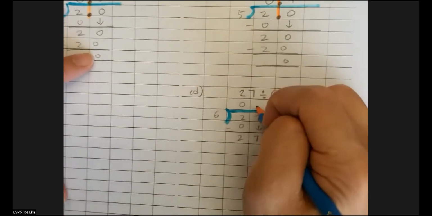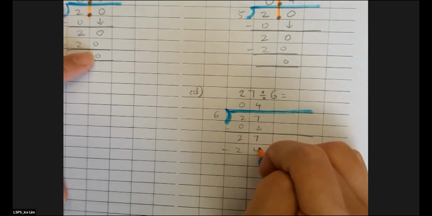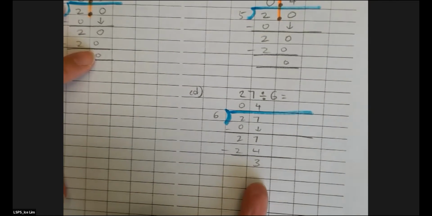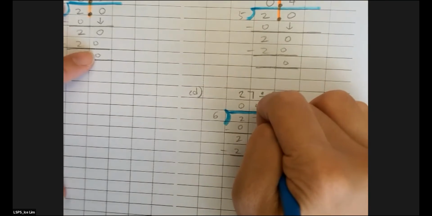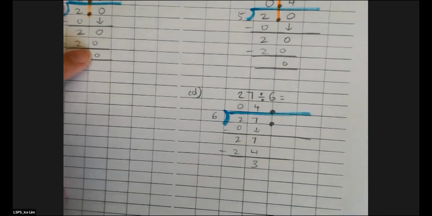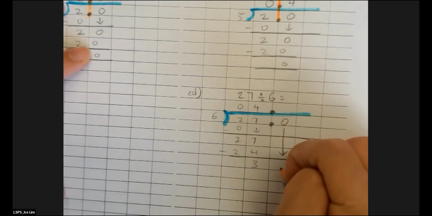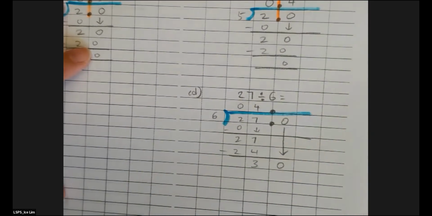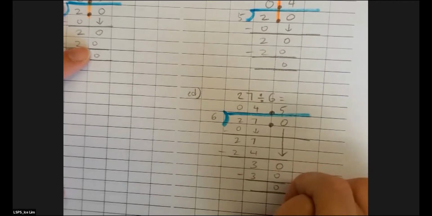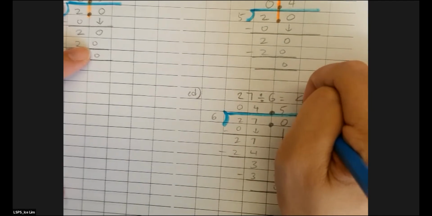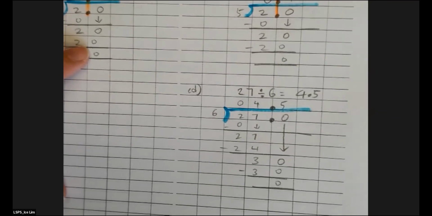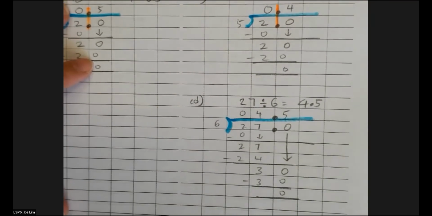One's place 10. Okay, now still got $3. I can make it into cents place. Add the decimal point and the 0. Can you understand? So $27 shared by 6 people, I get $4.50.